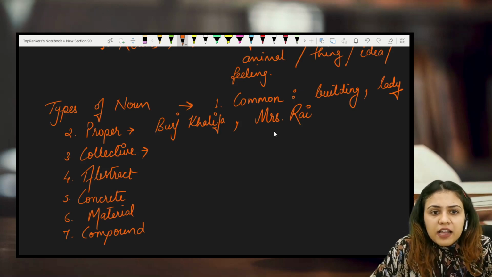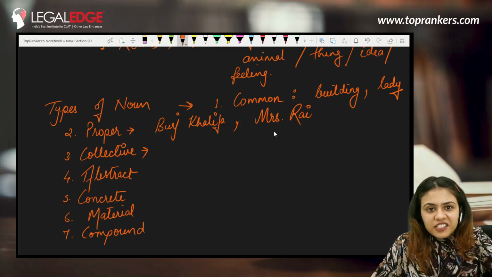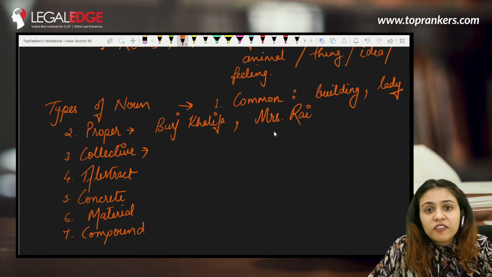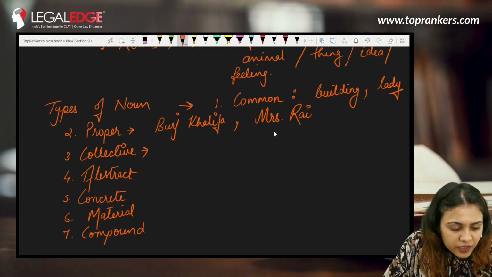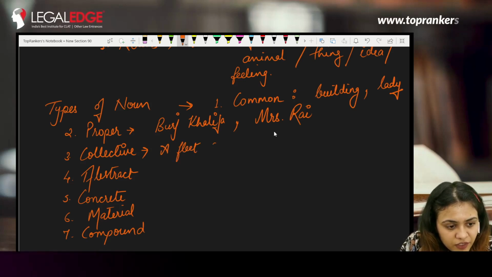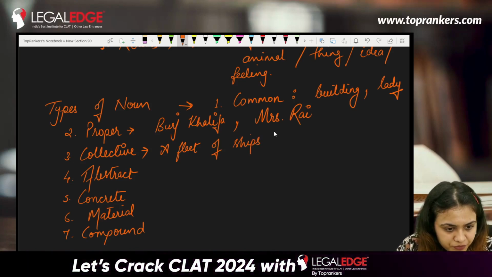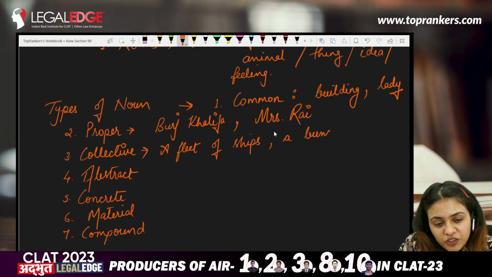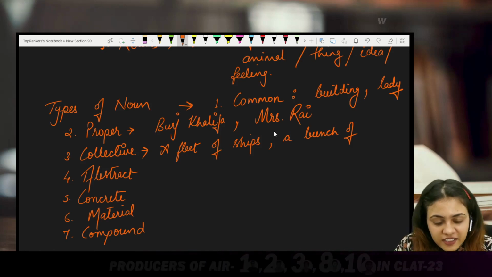If I talk about collective nouns, from the name itself, it's a collection of something. And I think as children, we have all learnt by heart a table of collective nouns. I don't know how many of you remember it even now, but it's always very useful when it comes to vocabulary. So you must have heard collective nouns such as a fleet of ships, a bunch of keys, a bouquet of flowers, a pride of lions, right?